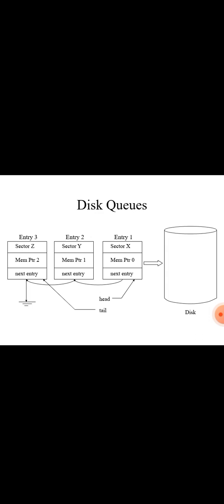So these are all the entries. The entry is different from the job. Each job has an entry, and each entry has 3 sections: sector, memory and next entry pointer. So these are all the jobs available; they go to the disk, and the disk allocates the 3 jobs to perform the work.